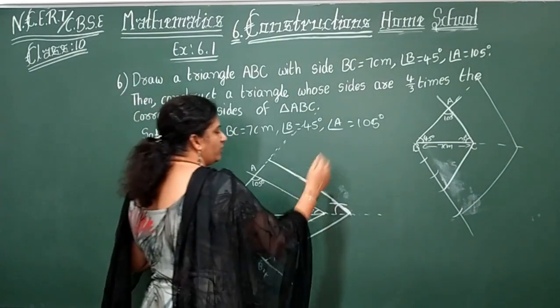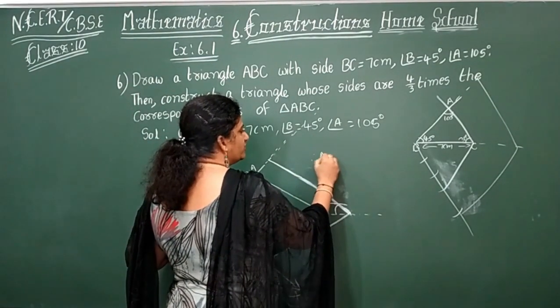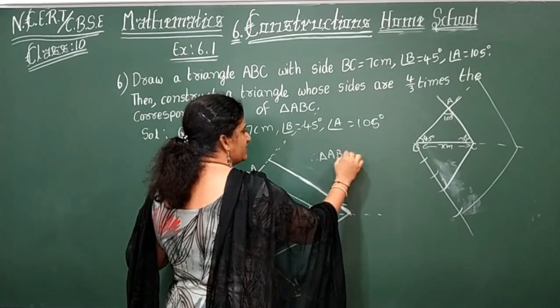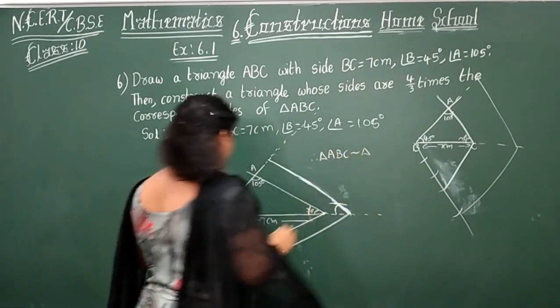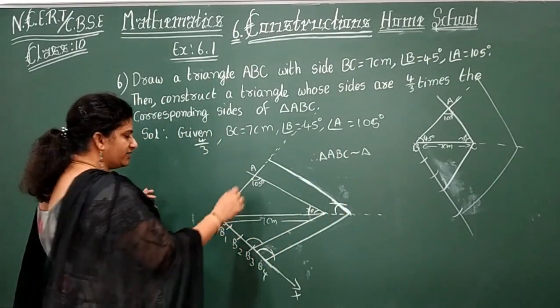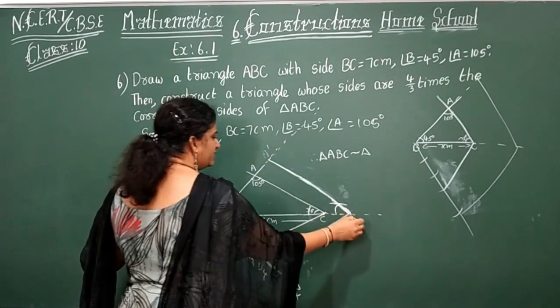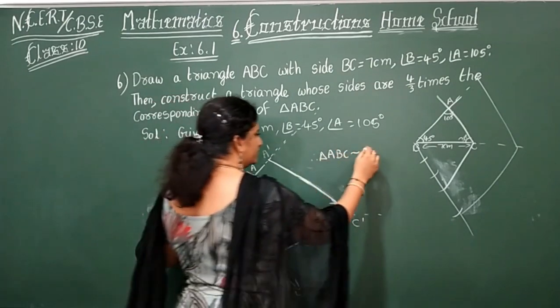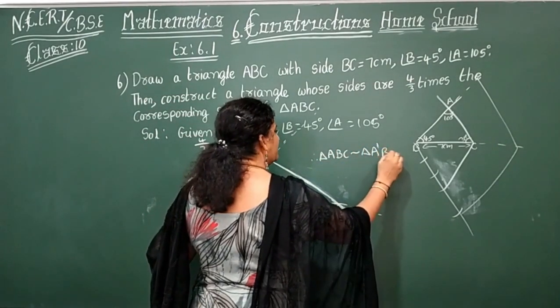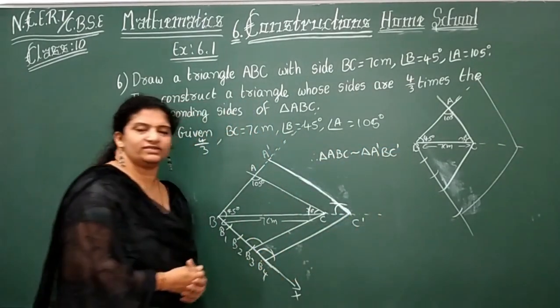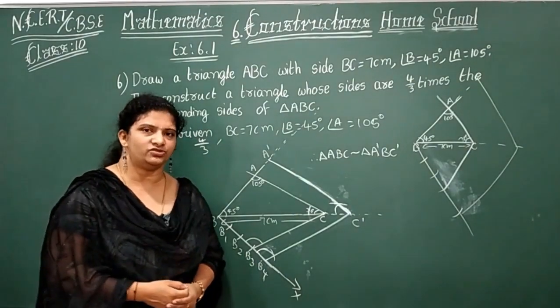So finally what are you going to write? Therefore triangle ABC is similar to triangle A dash B C dash, which is the new triangle, similar to the original triangle. Where is your new triangle here, children? This is C, right? And this will be A dash and this will be C dash.